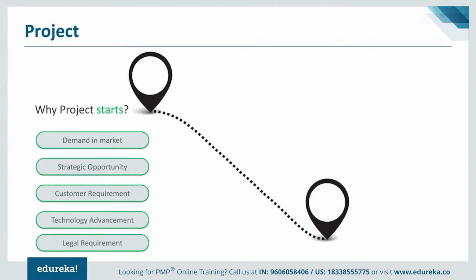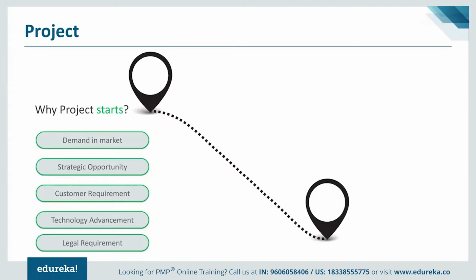One reason could be demand in the market. As I gave you the example of the market research project, it could be decided to analyze the demand in a particular market, and once you analyze the demand, then you would launch a product. The example that I was quoting was a market research project undertaken for a pharmaceutical company so that they can launch a pharmaceutical product into that market.